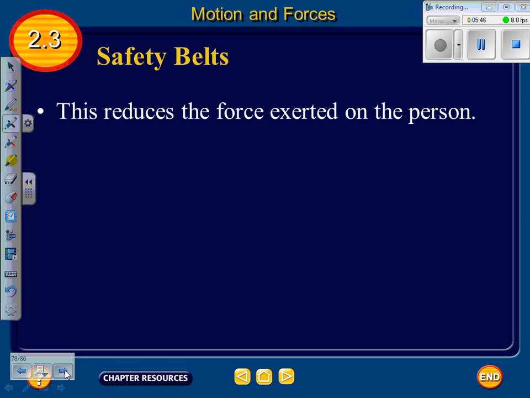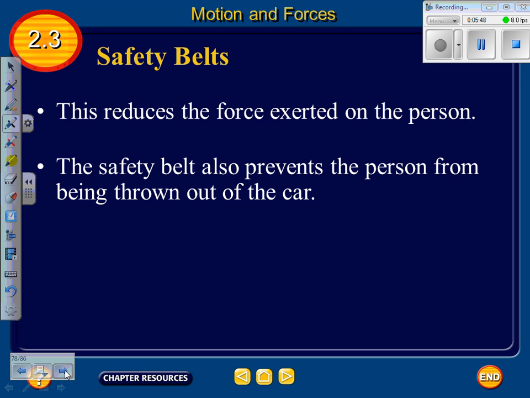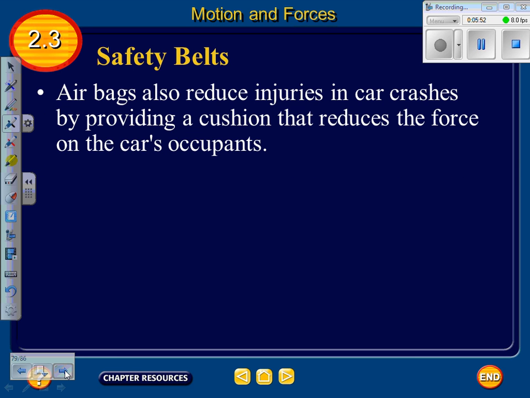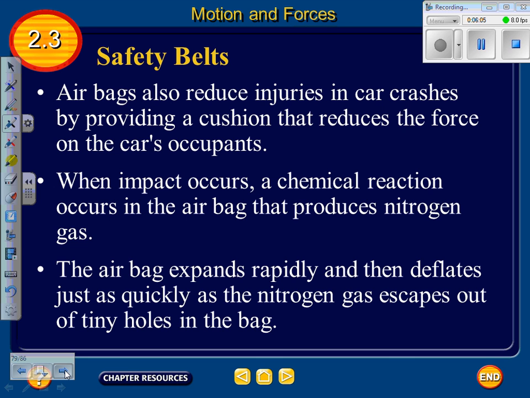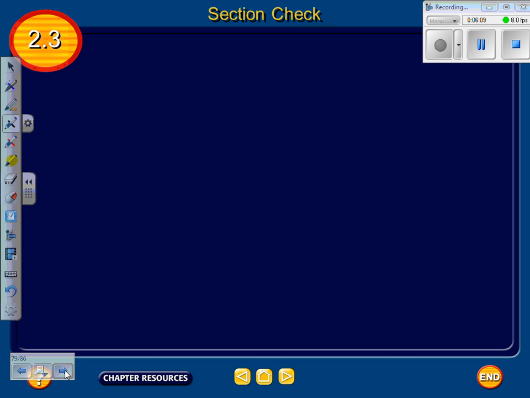This reduces the force exerted on a person. A safety belt also prevents a person from being thrown out of the car. Airbags also reduce injuries in car crashes by providing a cushion that reduces the force on the car's occupants. When impact occurs, a chemical reaction occurs in the airbag that produces nitrogen gas. The airbag expands, then deflates just as quickly as the nitrogen gas escapes out of tiny holes in the bag.